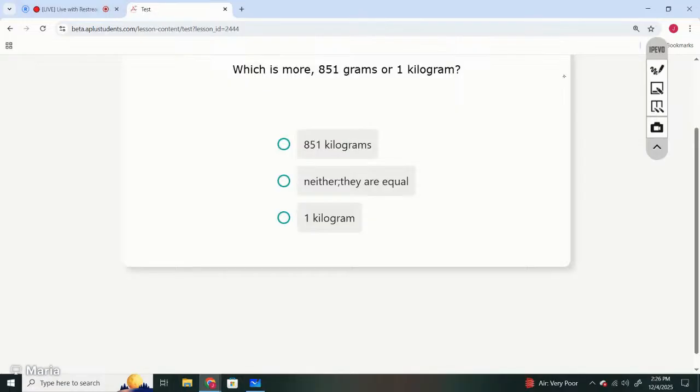Which is more, 851 grams or 1 kilogram? So which is more? 1 kilogram is more because that is 851 grams, and 1 kilogram equals 1000 grams.